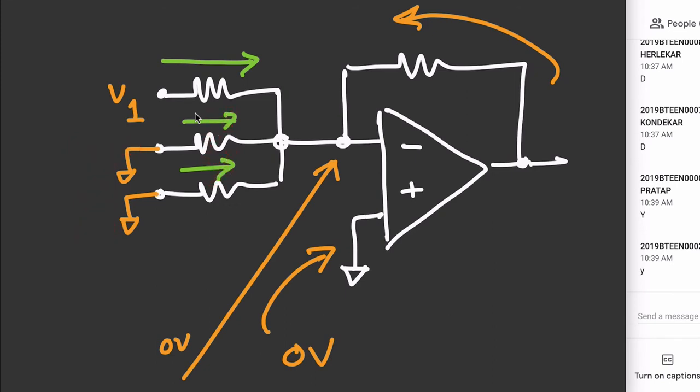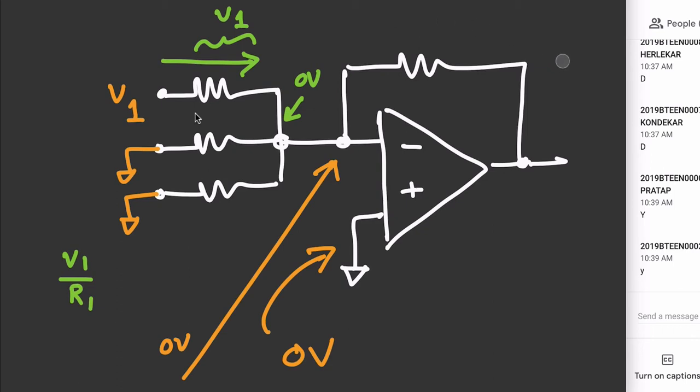So let us rub out this. This terminal voltage being 0 volt, voltage across R1 will be equal to V1, and therefore current will be V1 by R1, and this current will flow.